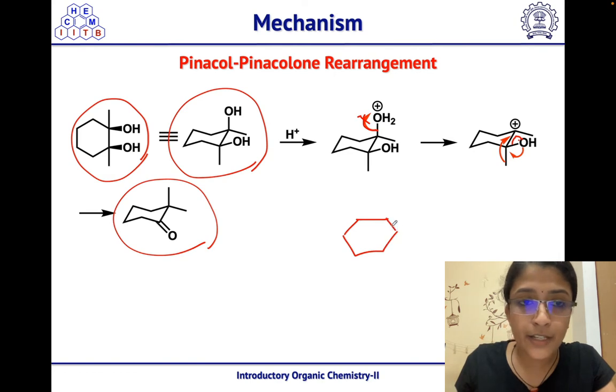If we are considering it in this fashion alone, without writing the cyclohexane chair conformation, we will reach the wrong product.